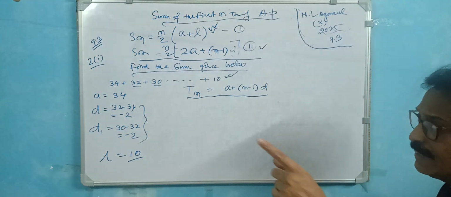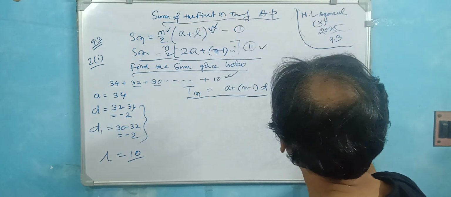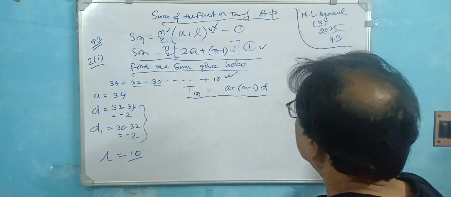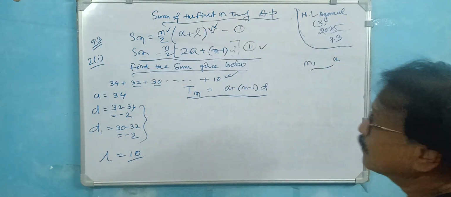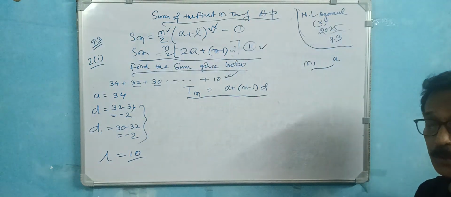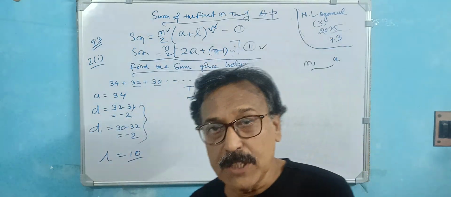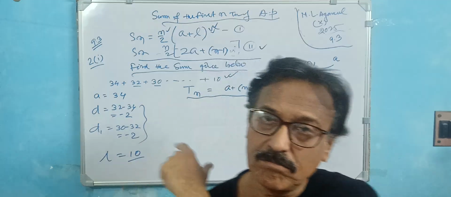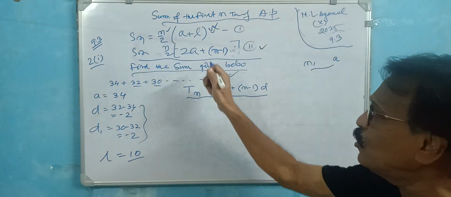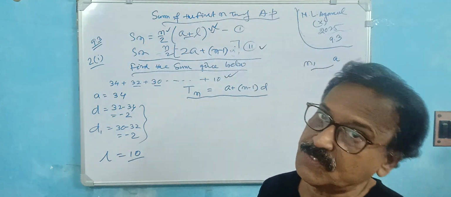In both formulas, n is there and a is there, but l is in only one place and d in only one place. So you must find n. Without n you cannot calculate the sum. If you don't know d, use this; if you don't know l, use this. But n and a are very fundamental.